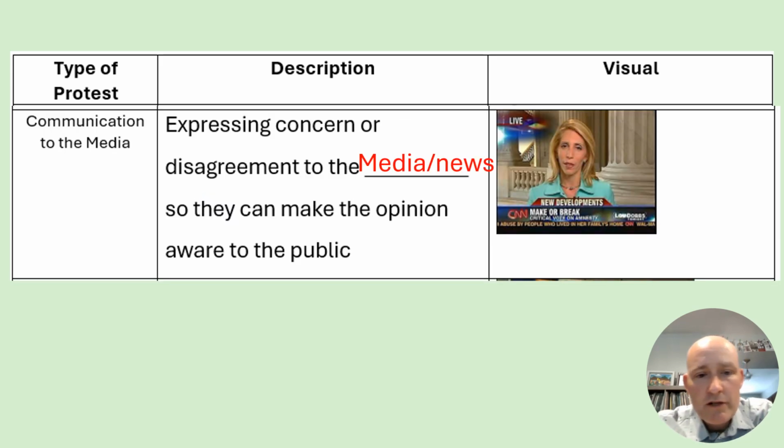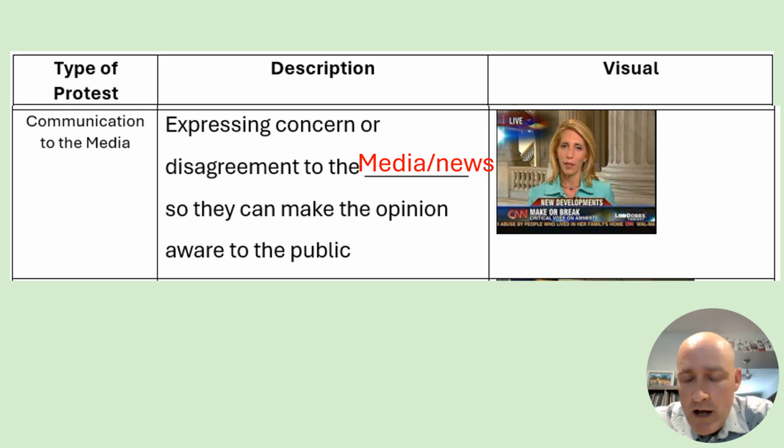So another way you can protest is to communicate or make your concern or disagreement known to the media or the news, so they can make the public aware of the issue. So a lot of people write to the media, they email the media, they go on social media, right?